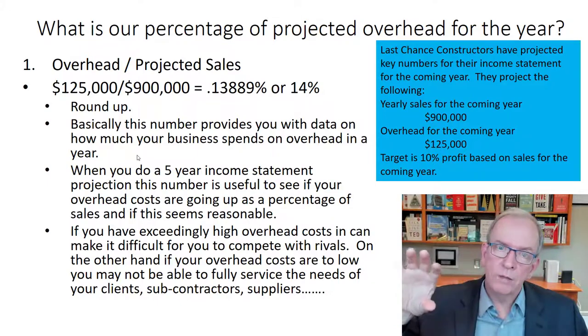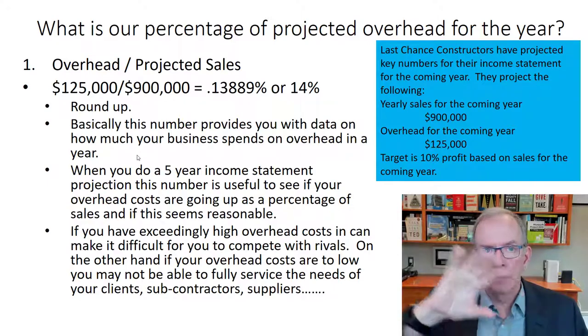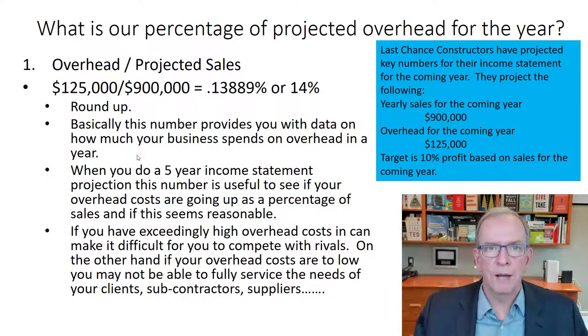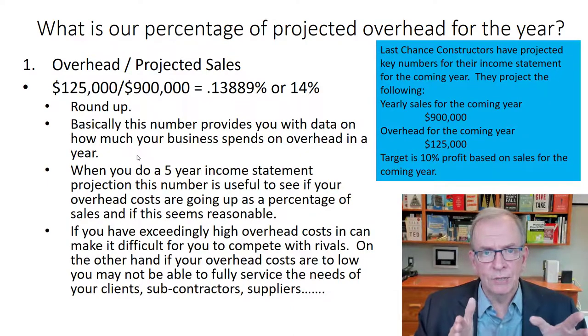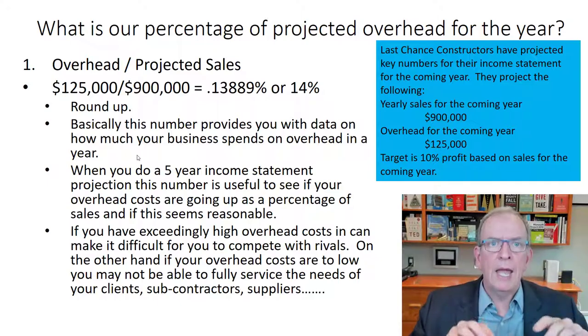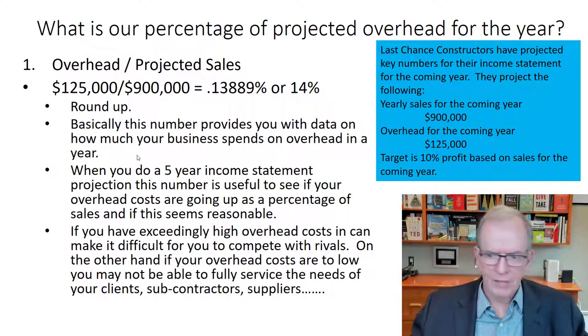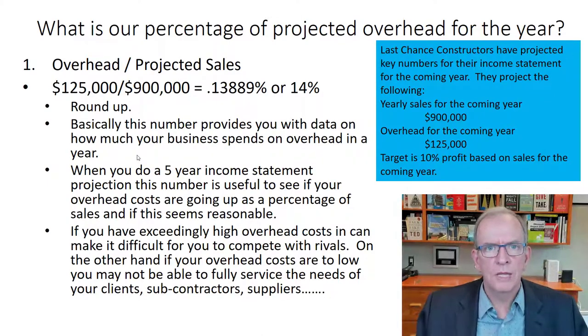Now, if your overhead costs are going up, that's not necessarily a bad thing if your sales is going up as well. And overhead doesn't always have to go up proportionately to sales. Sometimes, you reach a certain zone with your overhead, and that's enough to estimate the projects you're getting, to pay the rent and have space to work in the office.